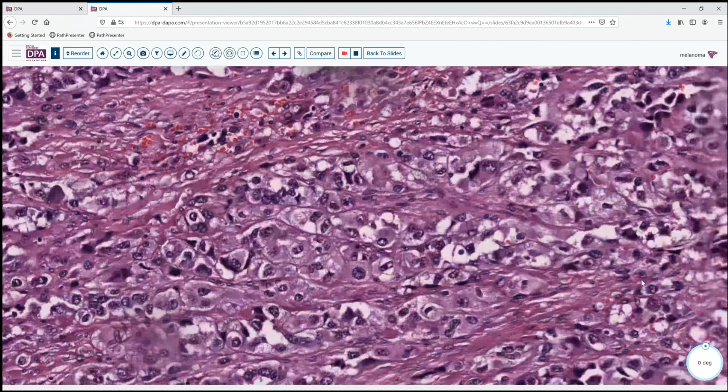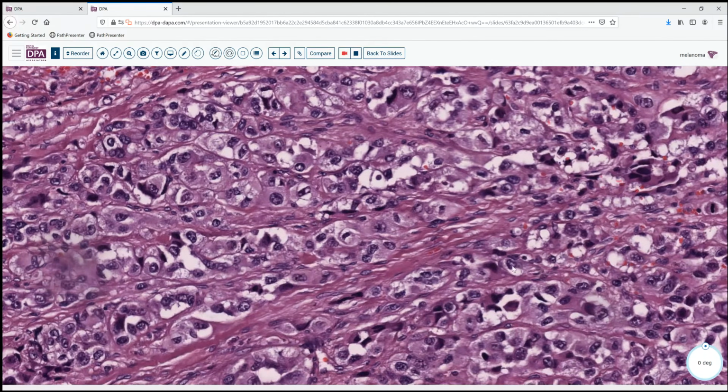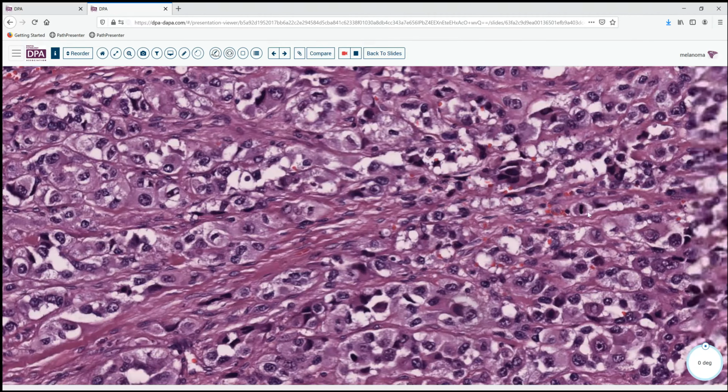I don't know if I can find one here right off. Maybe a little bit of one there. And some degree of prominent central nucleoli and mitotic figures as noted here. So again, this still looks like it may well be melanoma, but other lesions had to be considered, and so immunohistochemistry was undertaken.